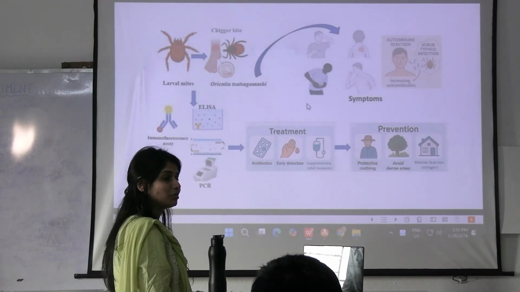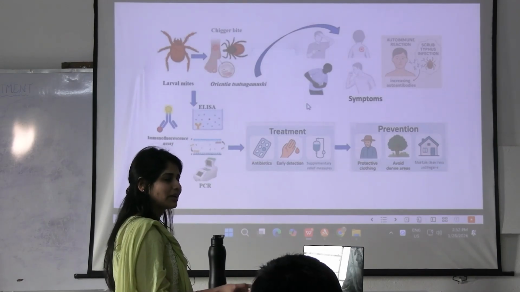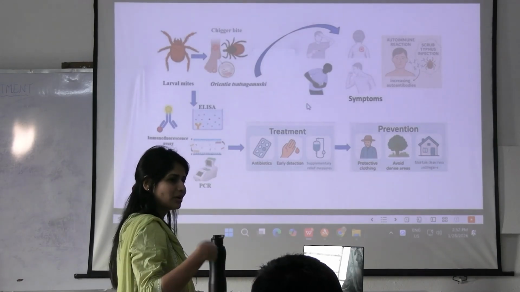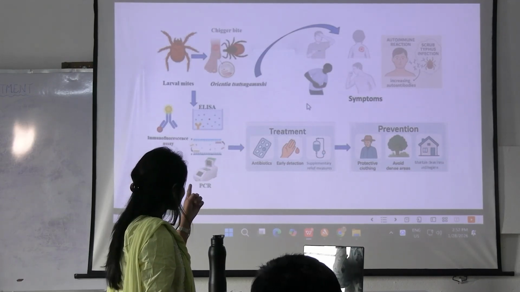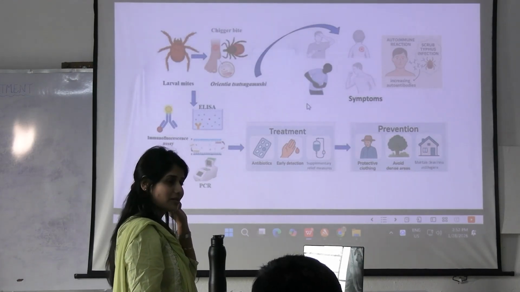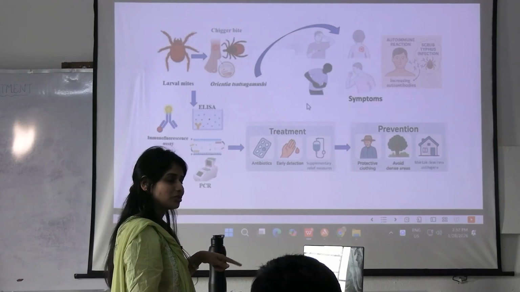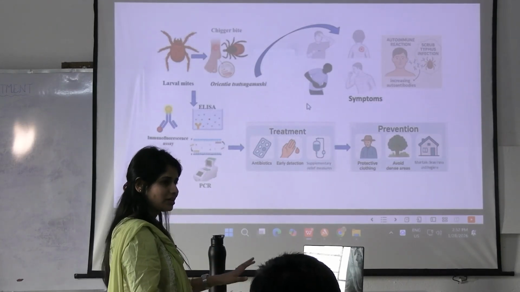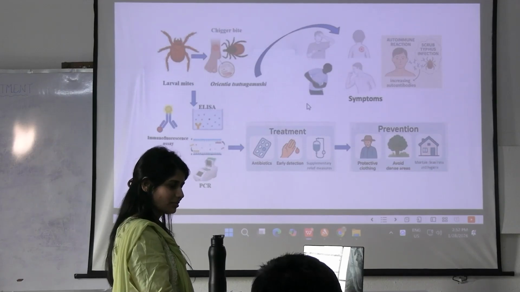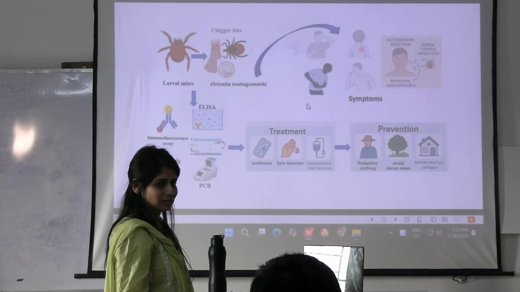That I'm telling you how they maintain it, how one mite is having the organism, how the other mite will have it. So this is transferring infection through a bite. You go to the bushy area and the mite bites you, you'll get this disease.